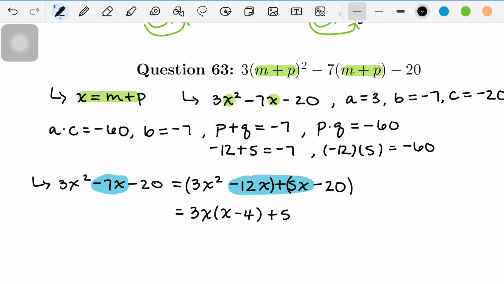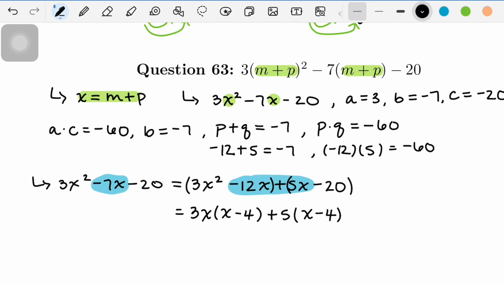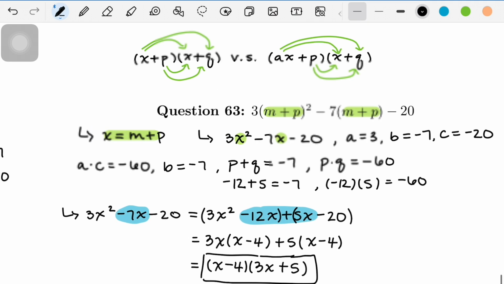So I'll pull that guy out, and I'm again left with x minus 4. And now both of these terms share a common factor of x minus 4, so we can pull that guy out. Doing so, we're going to be left with a 3x and a plus 5. So this would be our fully factored form here using our factoring by grouping method.